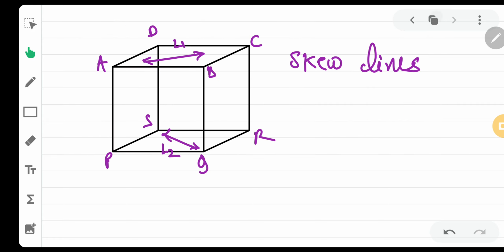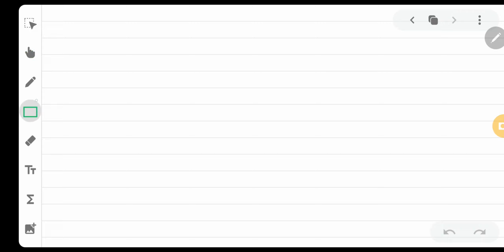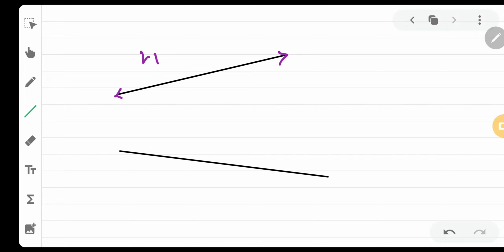Now suppose you have two lines in space like this. This is your one line, and this is your other line. You have to imagine these two lines in 3D. Suppose you imagine this line 2 beneath your feet on the floor, and you imagine this line 1 above your head on some other plane.